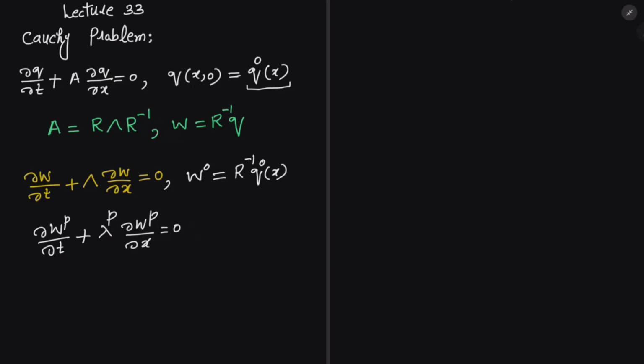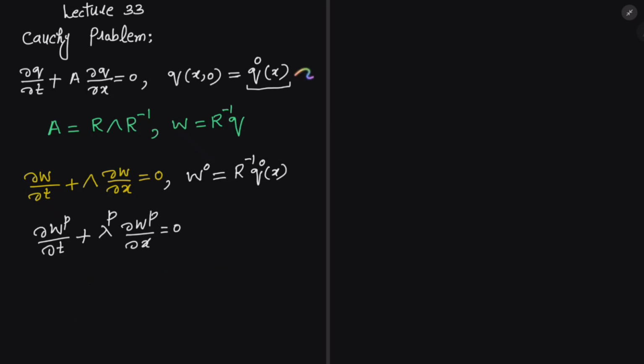This is the scalar form. For example, if I have p equal to 1, then we have partial W1 by partial t plus first eigenvalue times partial W1 by partial x is equal to 0.